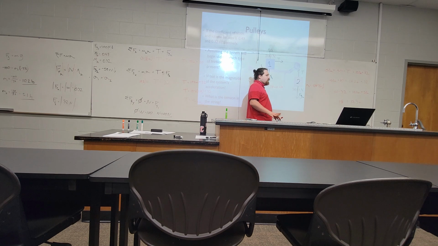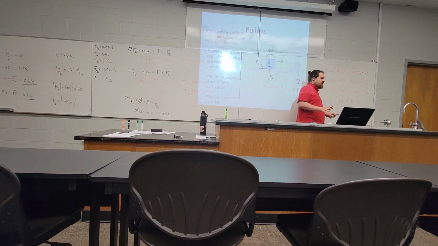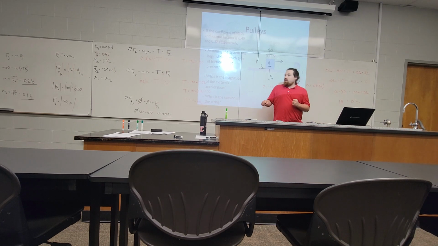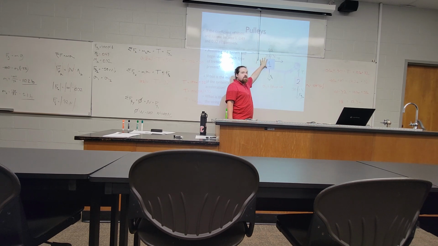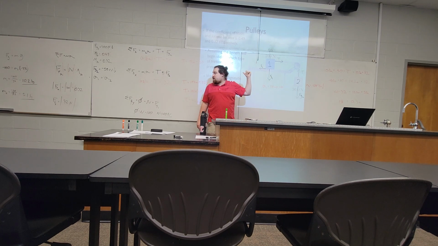And to kind of point out how that number makes sense again, to help build your frame of reference so that these aren't just meaningless numbers. That 44 is pointing up. It's acting upward on box 2 and acting rightward on box 1. From box 1's perspective, 44 newtons forward is bigger than the 32 newtons of friction backward, correct?